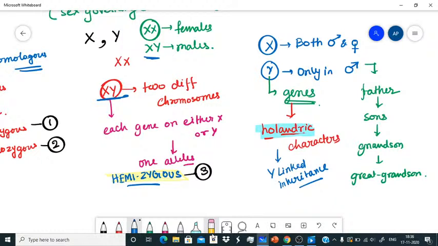Take some time and assimilate this much of knowledge. Now, if this much is clear, then we will move forward.